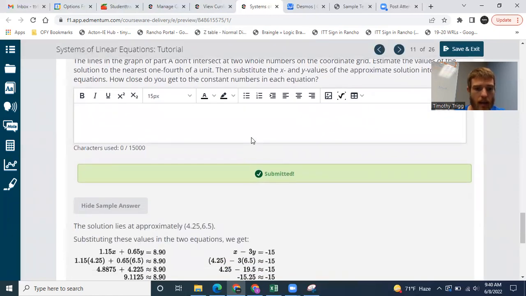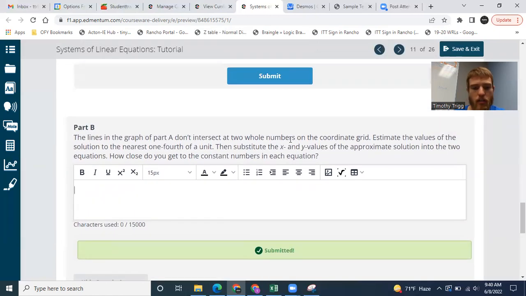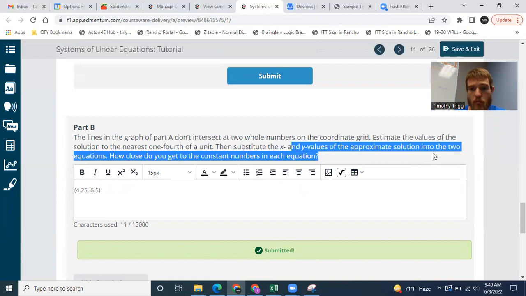So we're going to say, rounding to the nearest 1/4 of a unit, that they cross at (4.25, 6.5).